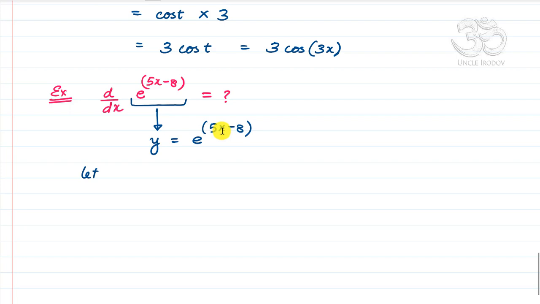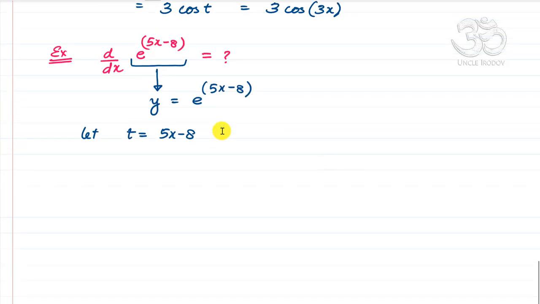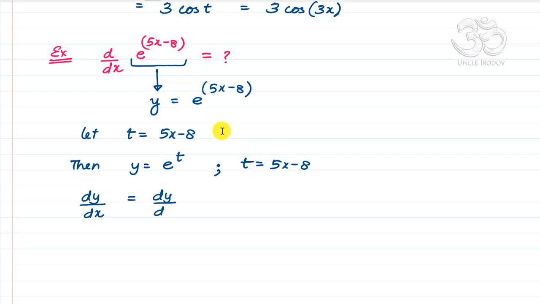So let t be equal to 5x minus 8. Then you have y is equal to e power t, where t itself is 5x minus 8, and you want to find out dy by dx, which is dy by dt multiplied by dt by dx.